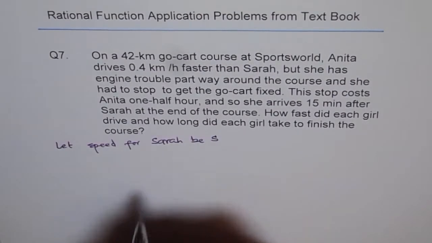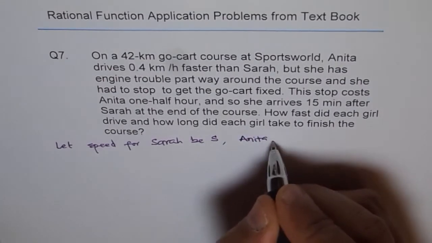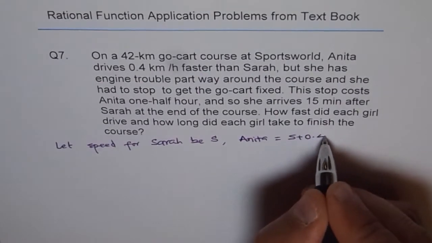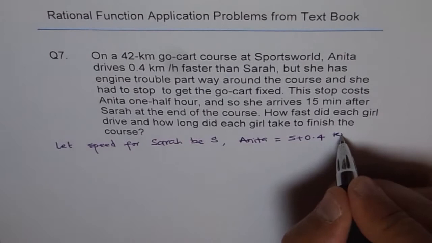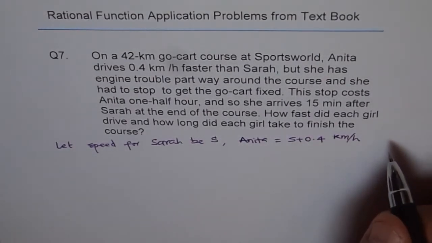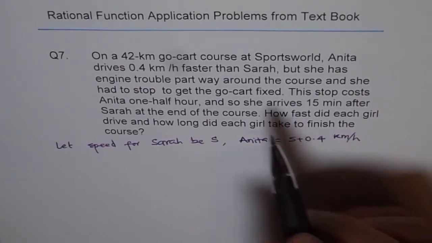Then for Anita it will be s plus 0.4, correct? So that is the speed in kilometers per hour for both, right? Now, Sarah went trouble free.